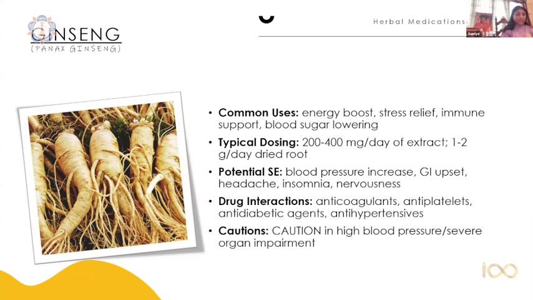And then also it can lower your blood sugar, so be careful if you're on blood sugar lowering medications. The cautions as far as organ states in this one would be to be careful if you have any sort of severe organ impairment, whether that's kidney, liver, etc., and be cautious using it in high blood pressure.